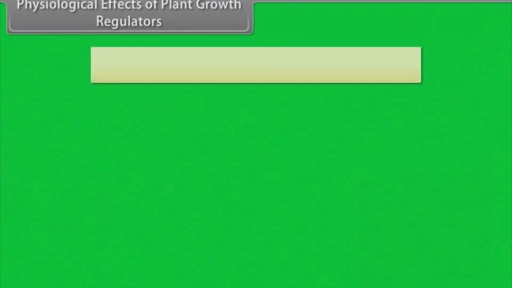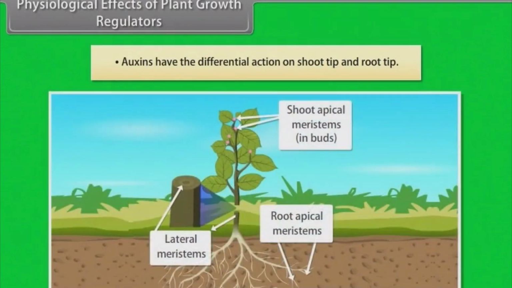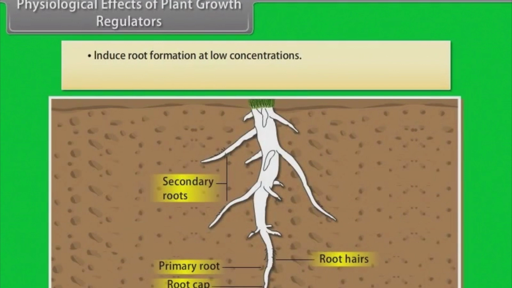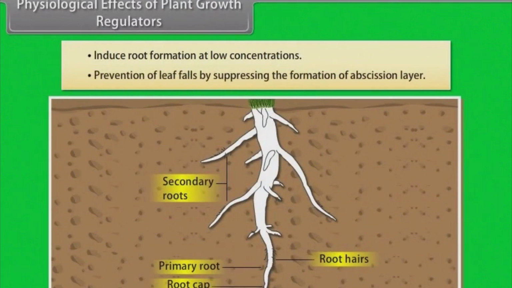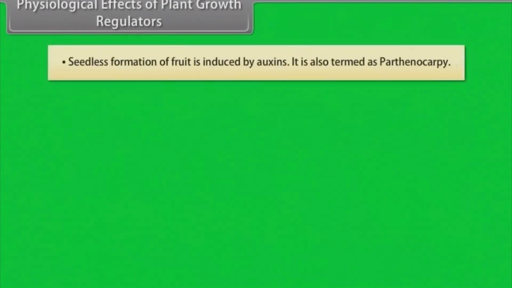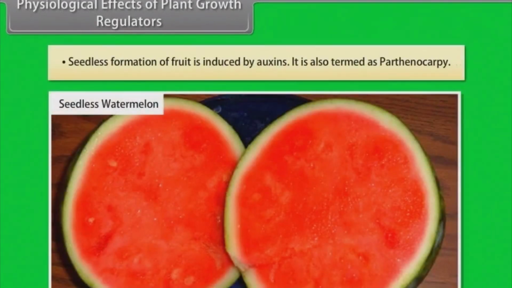Auxins have differential action on shoot tip and root tip. They induce root formation at low concentrations. Prevention of leaf fall by suppressing the formation of the abscission layer. Seedless formation of fruit is induced by auxins. It is also termed parthenocarpy.